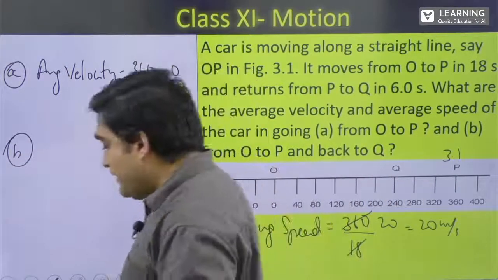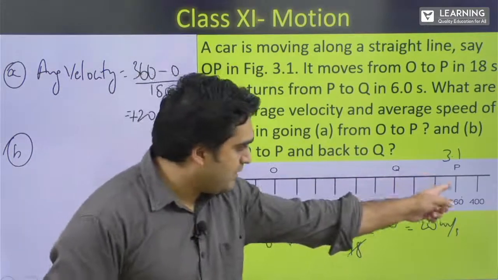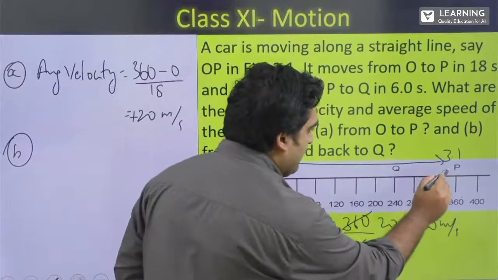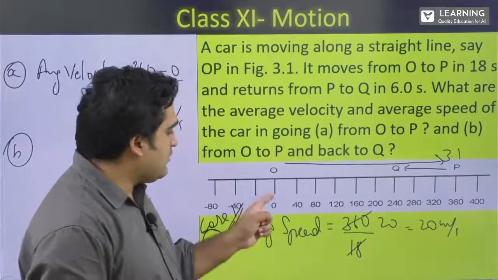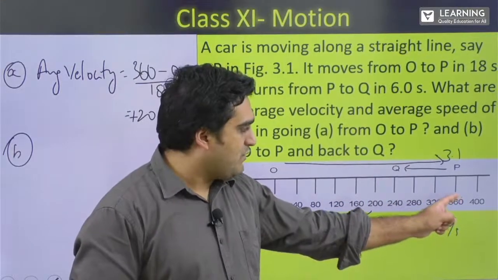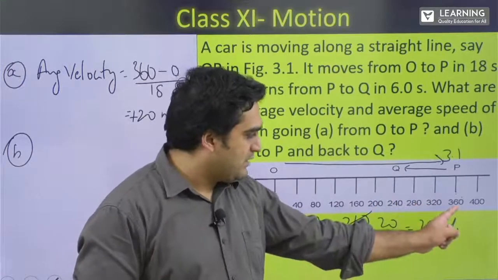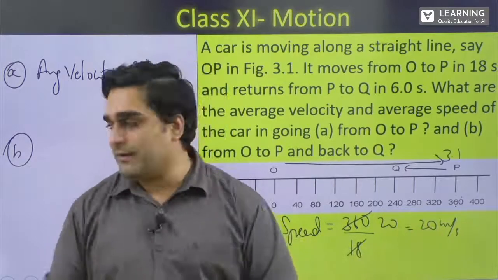From O to P and then back to Q. Total distance 0 to 360, and then back from P to Q, the distance is 120. How is it 120? 360 minus 240, which is 120.